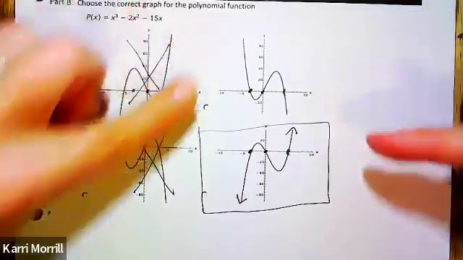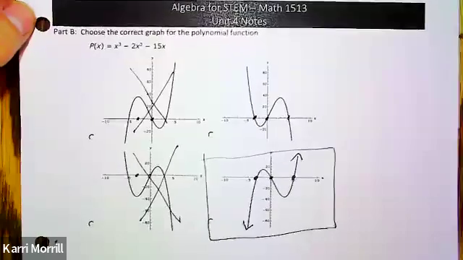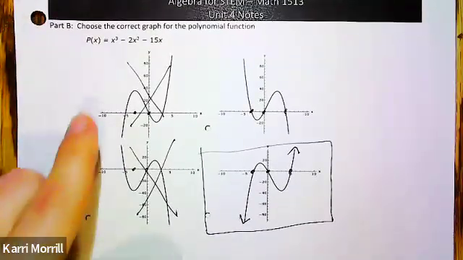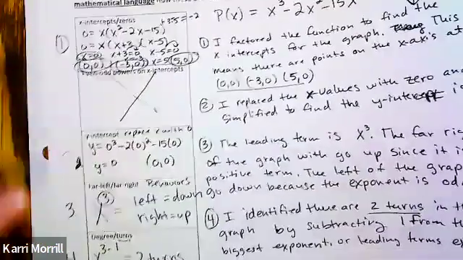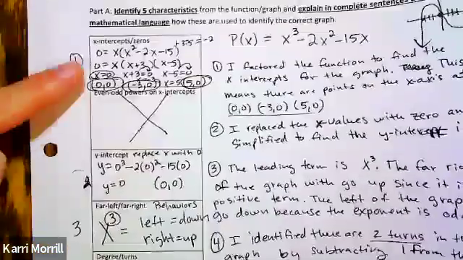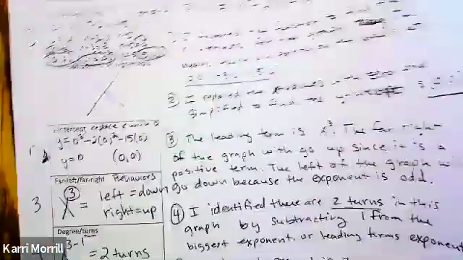Okay, it is different. They might go through the same points, but that's why you have to know all those characteristics so that you can pick the appropriate graph. So you should be able to do this with another function and be able to identify all 5 of these traits. I'm not going to have you do these two, but I'll have you do all 5 of these specific traits for that function itself that I give you.